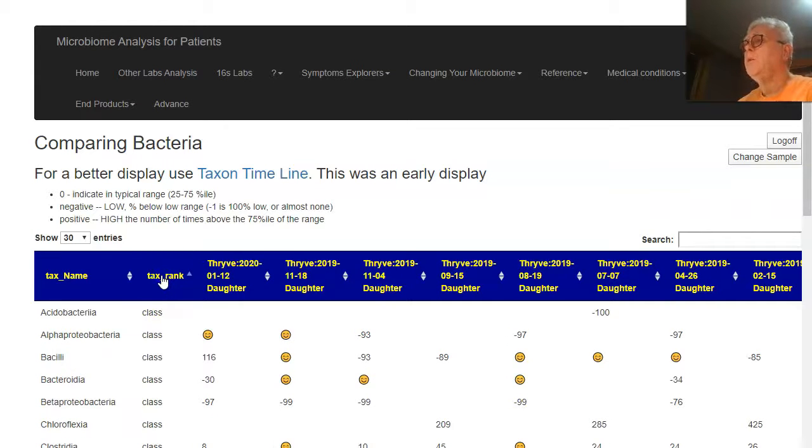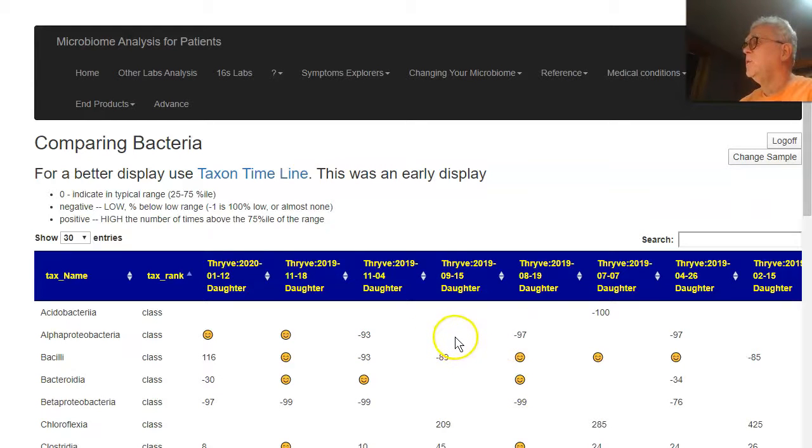For example, the class. Happy face means the values are in the middle range, that is somewhere between the 25th percentile and 75th percentile of common readings. Minus indicates it is below the lower 25%, in this case 93% below, 97% below.